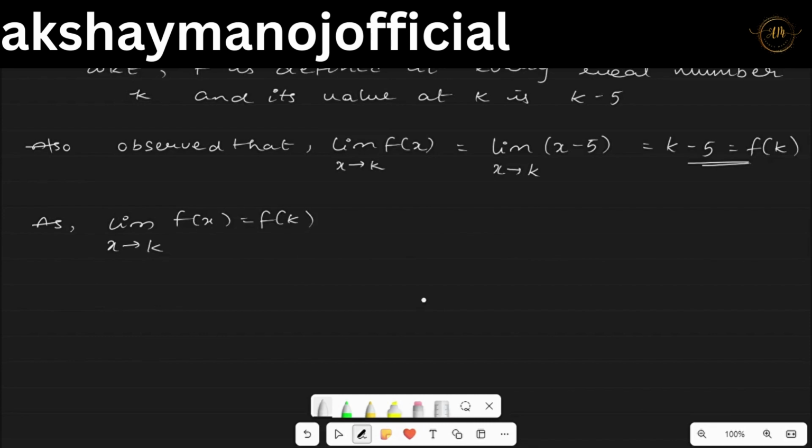What can we tell by this? f of x is continuous. f of x is continuous at every real number.